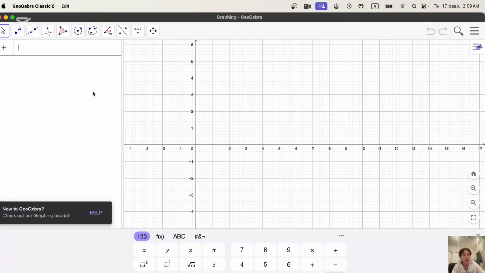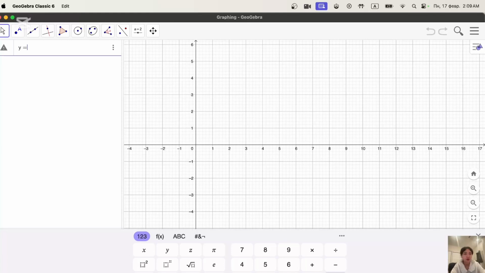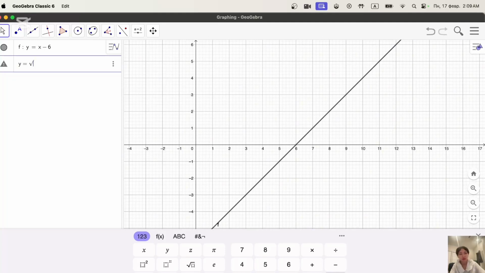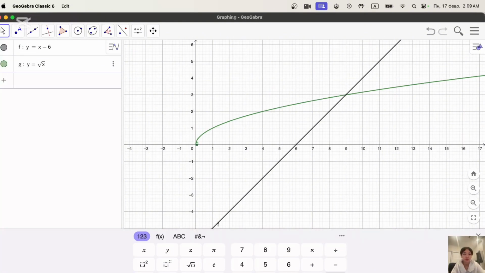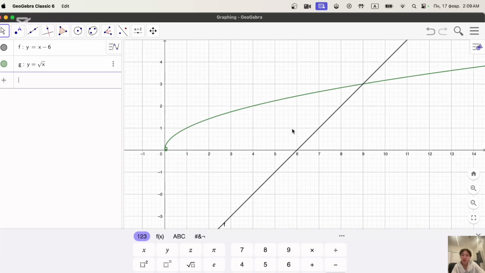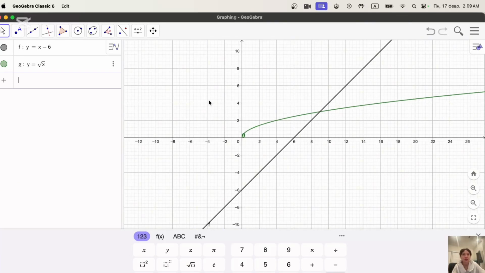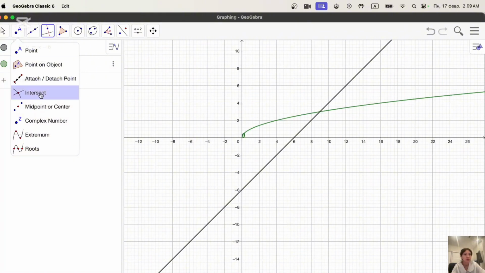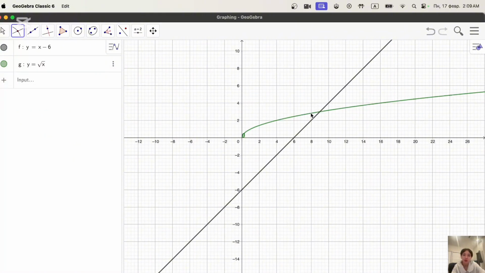In graphic view, we will enter y equals x minus 6 and y equals the root of x. So we can see here our two equations, and let's use the intersect tool to find the intersection point.